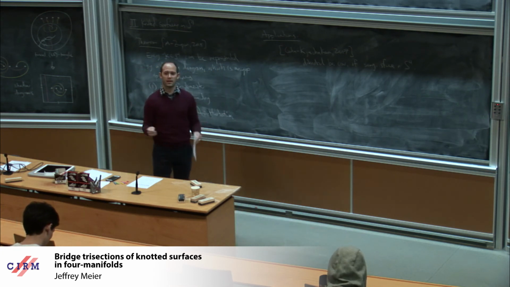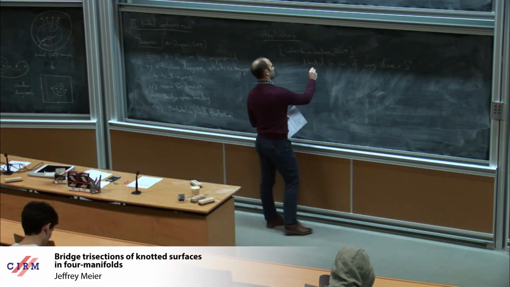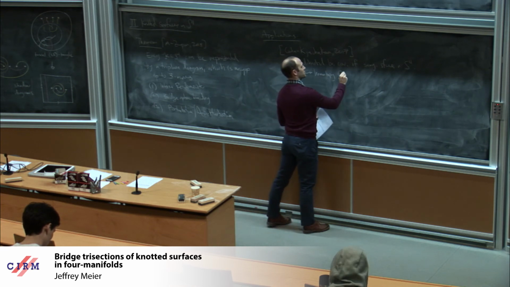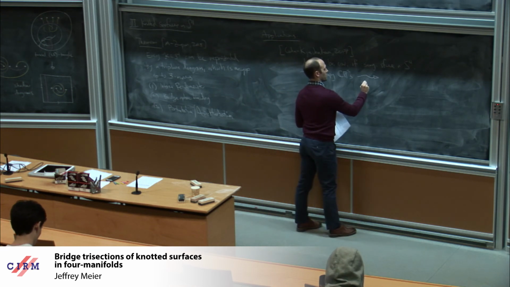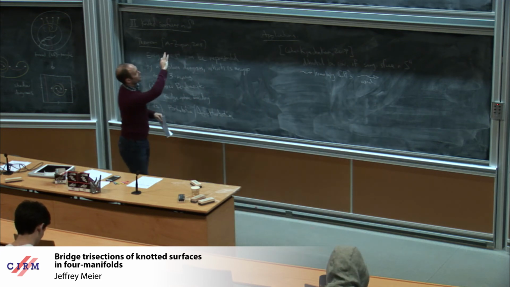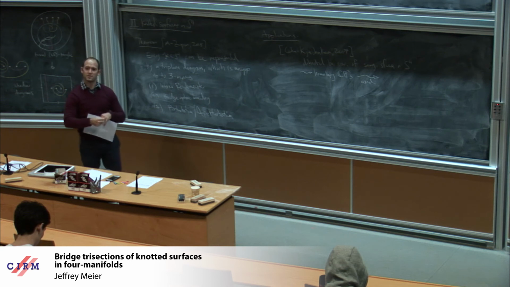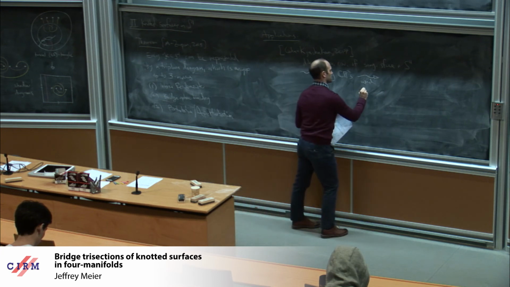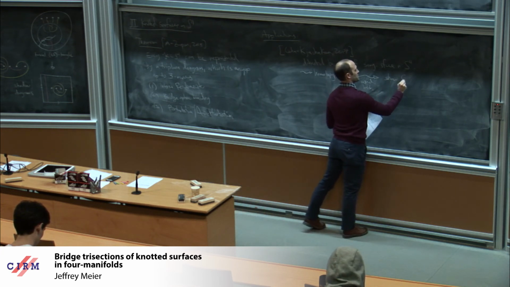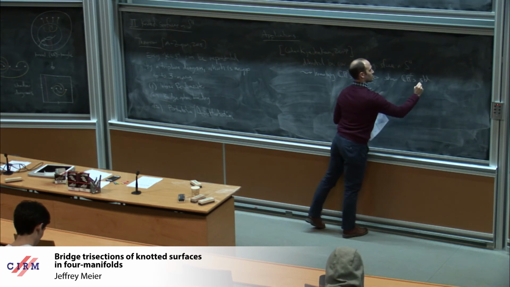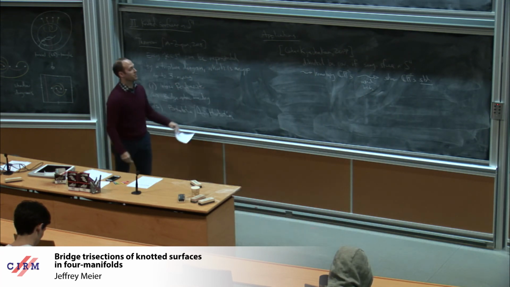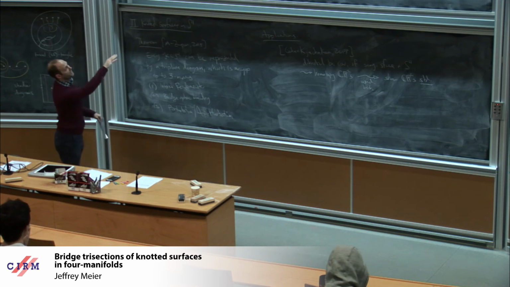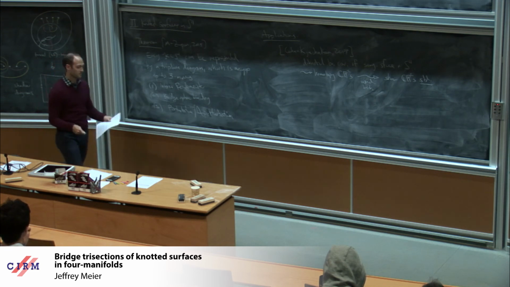They had a family of these that they knew gave homotopy CP2s. What they did is adapt the theory of bridge trisections to the setting of singular surfaces. Basically, you would allow a cone, if you don't have an unlink, you have a cone. And so they used bridge trisections to show the CP2s were standard. This is cool because they said they wouldn't have known how to get this result if they weren't using the fact that bridge trisections behave so well under branch coverings.